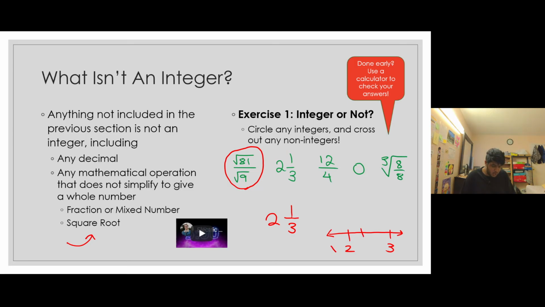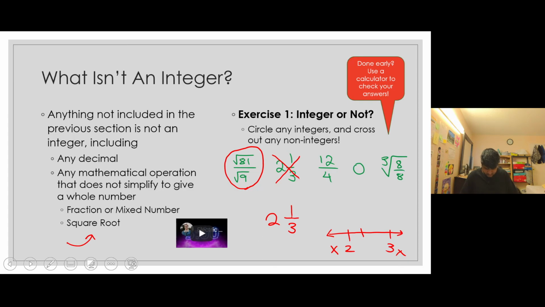Now that is not 2, it's also not 3, right? And it also wouldn't be part of our counting numbers. No one counts 1, 2, 2 1/3. That doesn't happen. It's always 1, 2, 3. So in this case, we would say 2 1/3 is not an integer. Okay? Any mixed number is never going to be an integer. Just in general, when you see a mixed number, you can always simply cross it off. Okay?